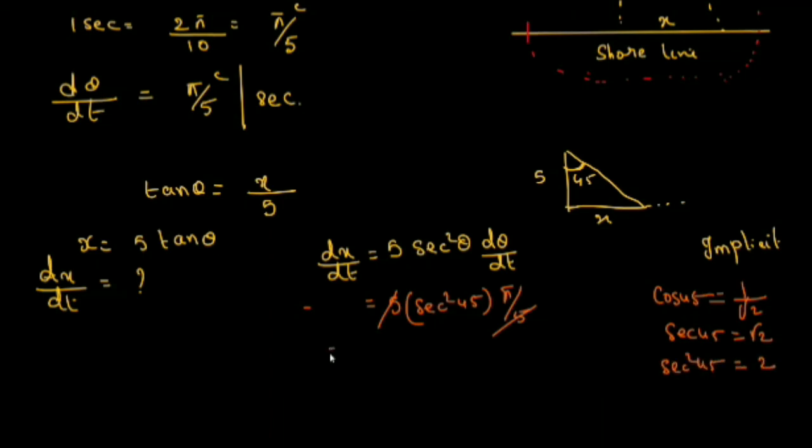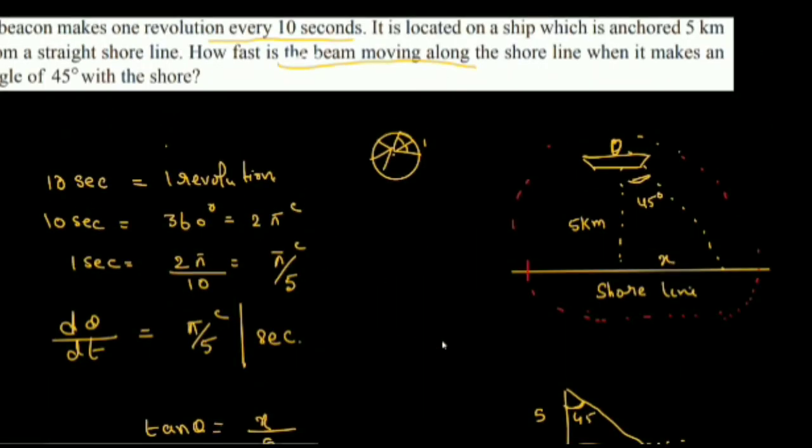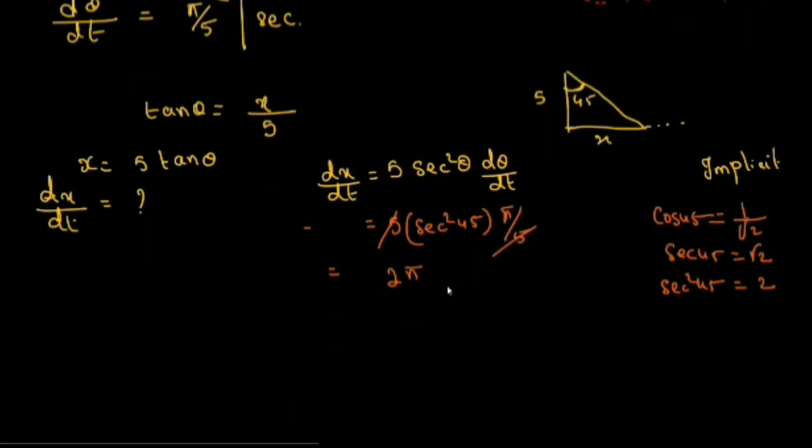Substitute that here, so dx by dt is 2 pi. If it is given as kilometers, write it as kilometers. It is anchored 5 kilometers, so it is 2 pi kilometers per second. So the beam is moving at the rate of 2 pi kilometers per second.